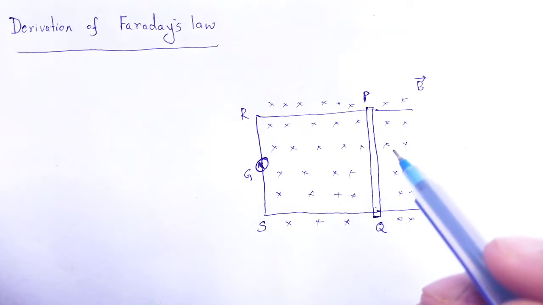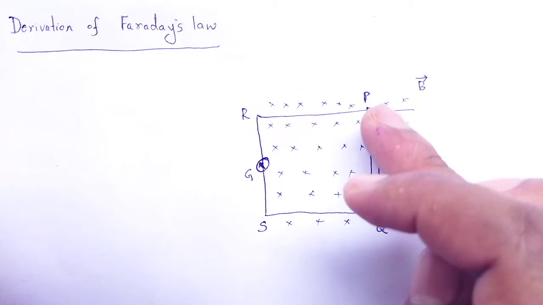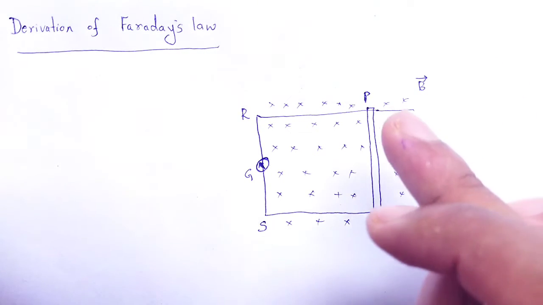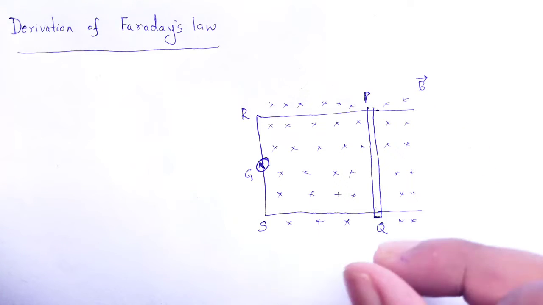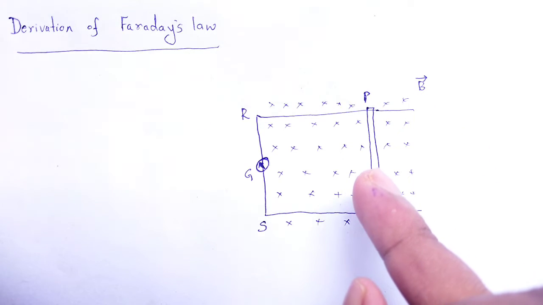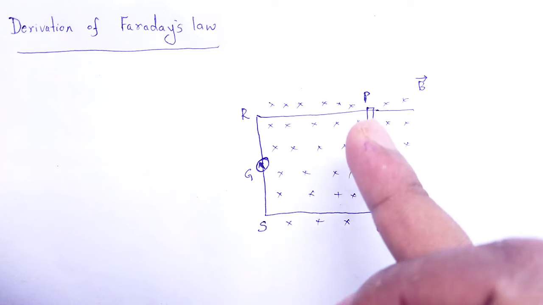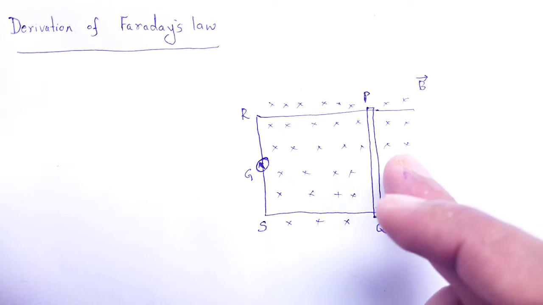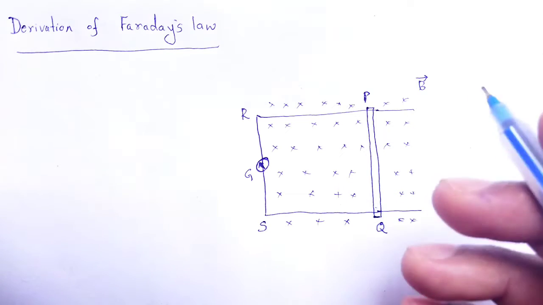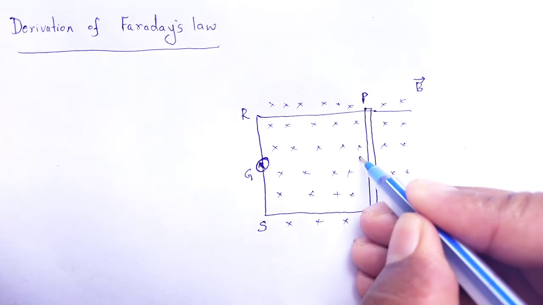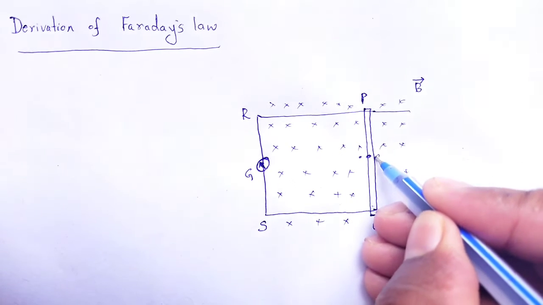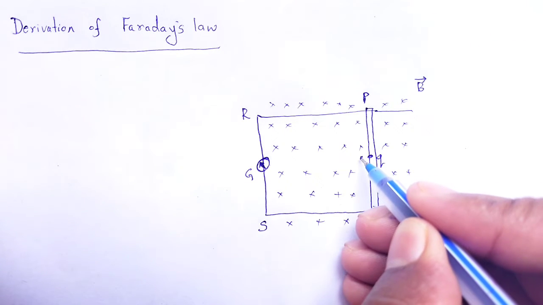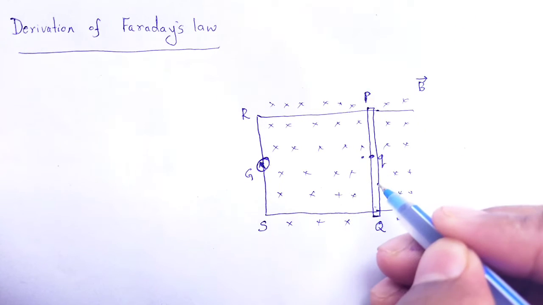Here a conductor PQ means there will be free charge inside the conductor PQ. We consider any arbitrary charge carrier having charge Q in the conductor PQ.